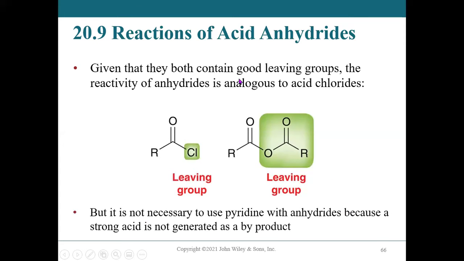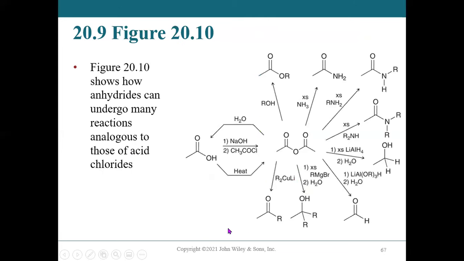Given that both contain good leaving groups, the reactivity of anhydride is analogous to acid chloride. So here the acid chloride has chloride as a good leaving group, and the anhydride also has a good leaving group. But it is not necessary to use pyridine with anhydride because a strong acid is not generated as a byproduct.